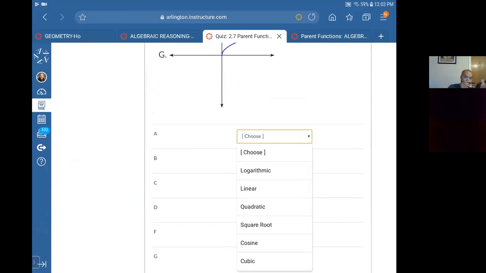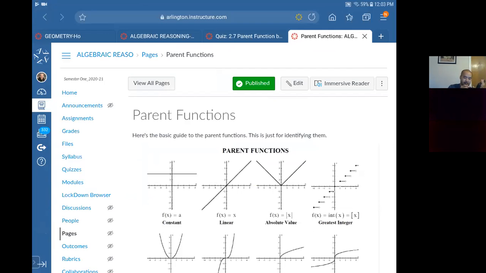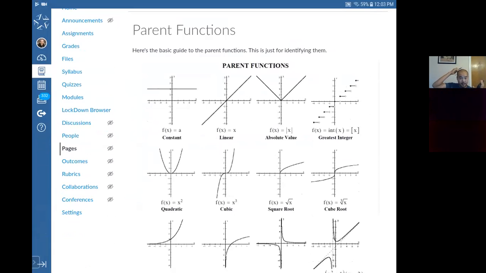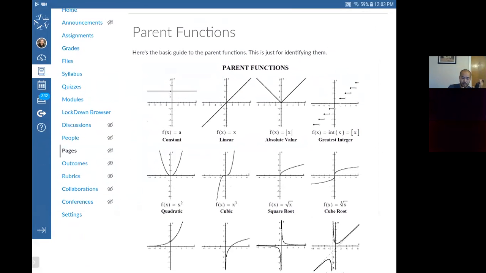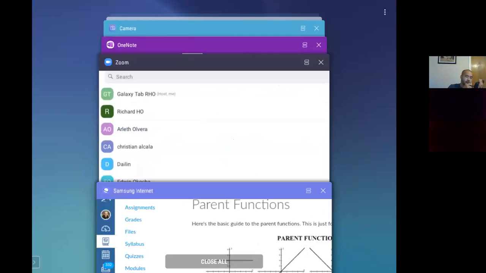But all that information is right here. On yours, it'll look a little bit different. So you'll have things that look kind of like this.